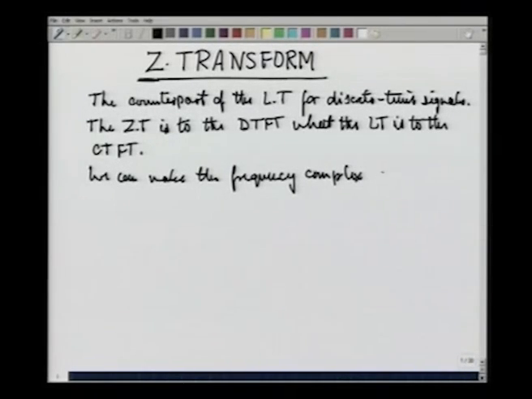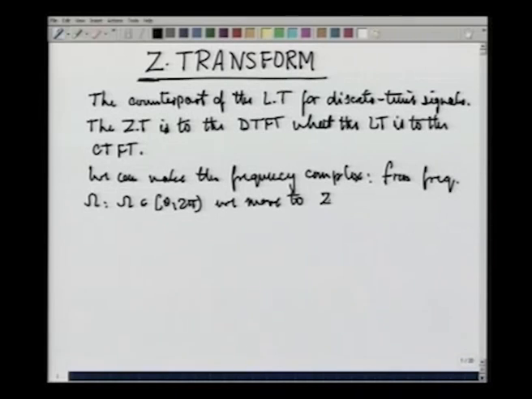So, instead of frequency omega, where omega was from 0 to 2 pi, we move to z given by r e to the j omega, where r is a real number in the range 0 to infinity.